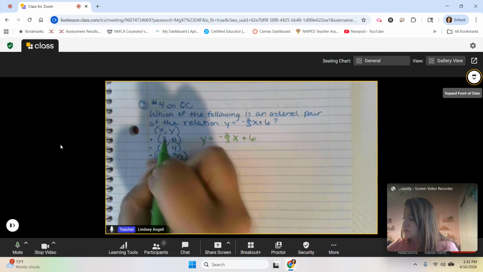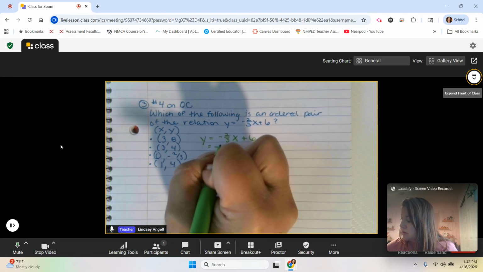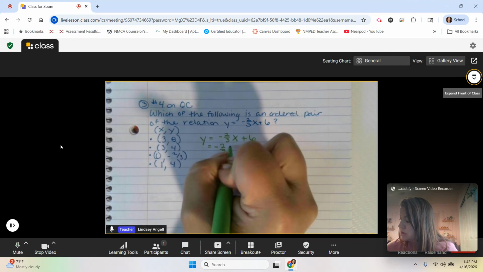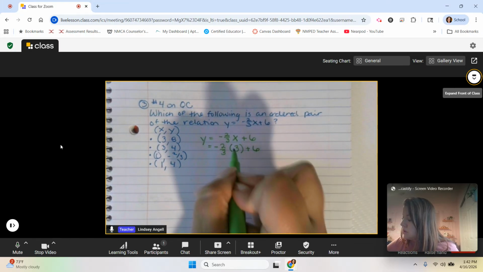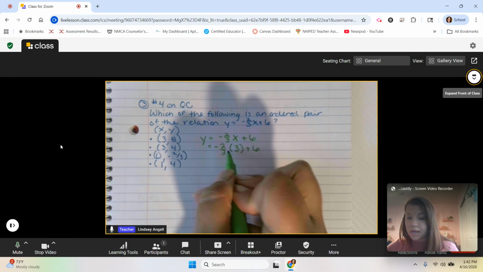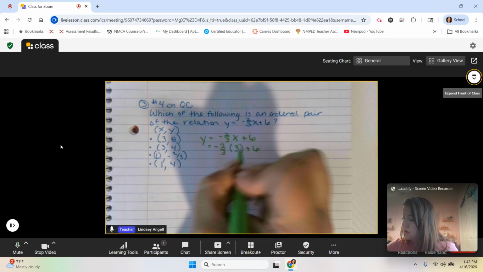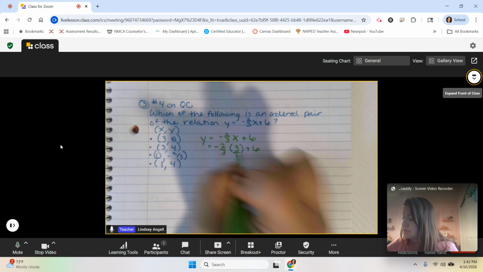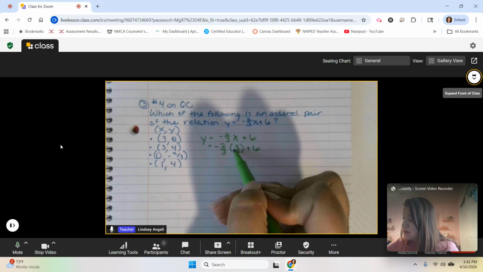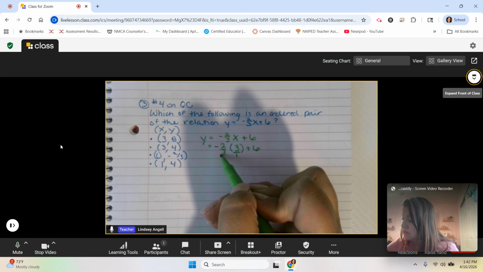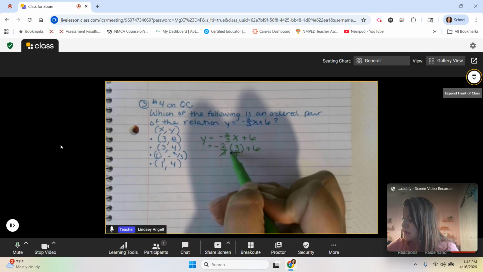This first one is 3. Let's go ahead and plug in 3. So we have negative 2/3 times 3 plus 6. If I'm multiplying by a fraction, one thing I can do is make my whole number a fraction by putting it over 1. Then I notice, oh, look at that, I have a 3 in my denominator and a 3 in my numerator.